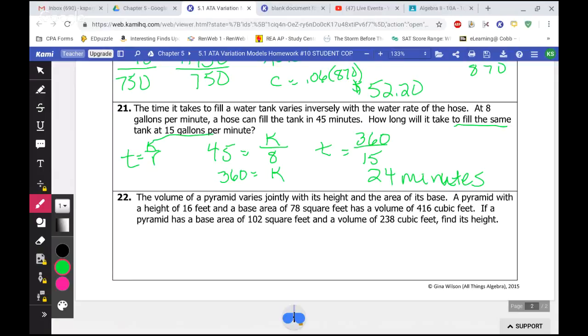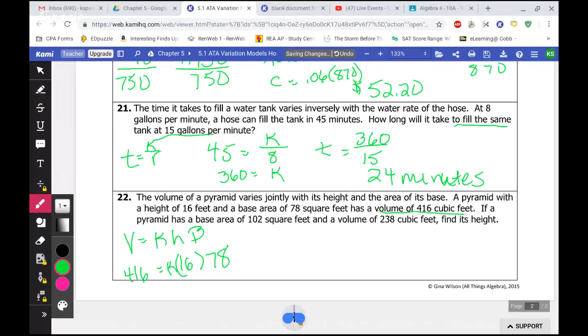Okay, so the volume varies with the height and the base area, which is a big B.